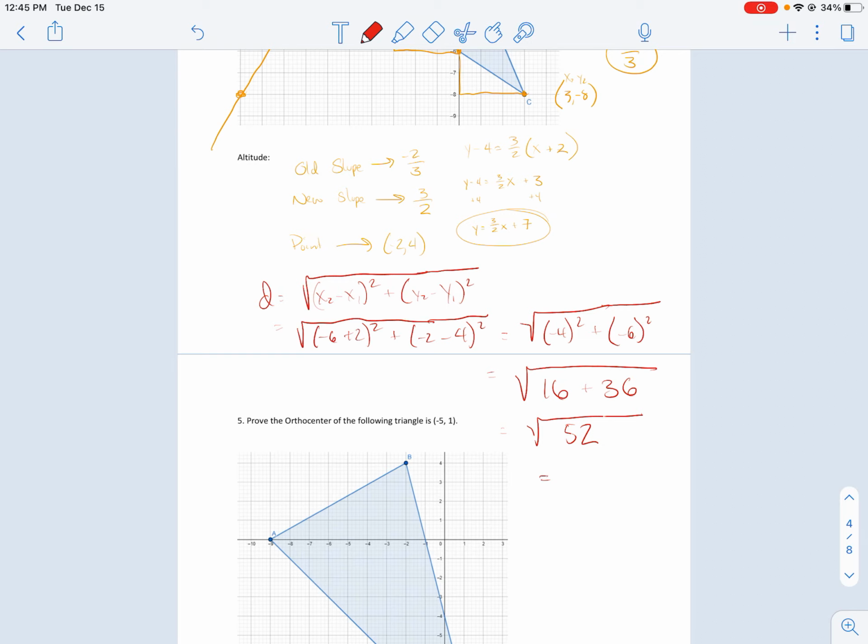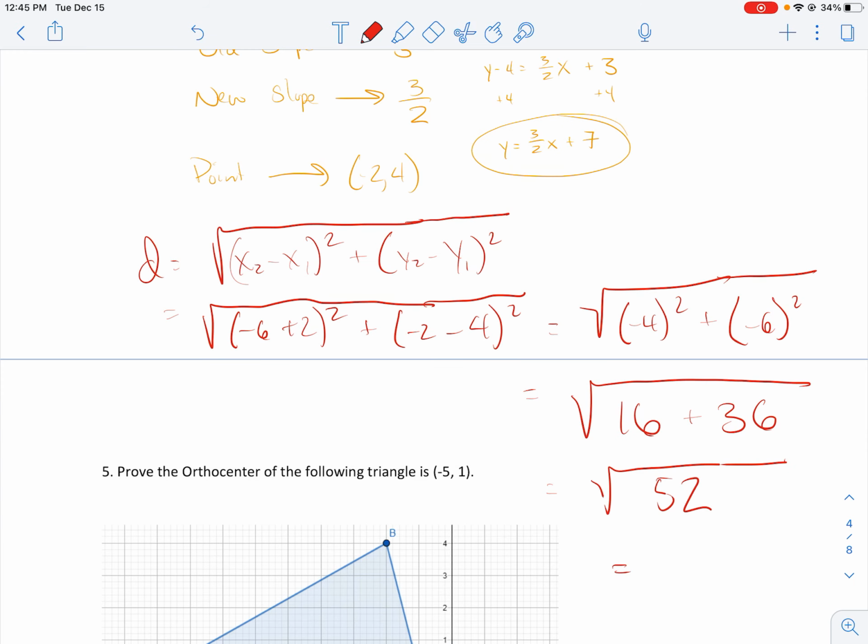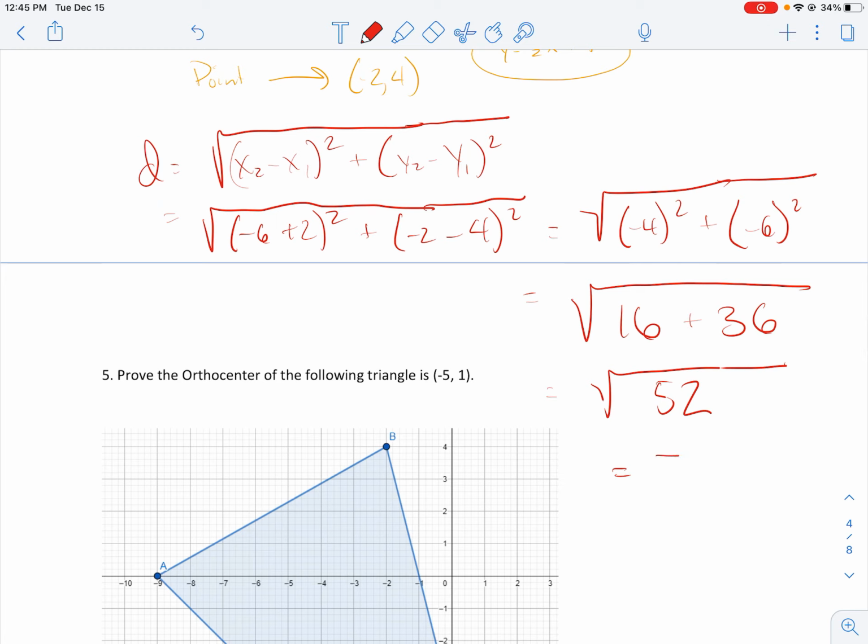And so finally, our altitude is 7.21, or you can leave it as square root of 52.